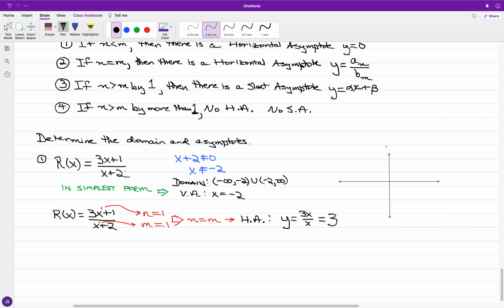And looking into the shape of things for this particular function, r of x, I have x equal to negative 2 and y is equal to 3.